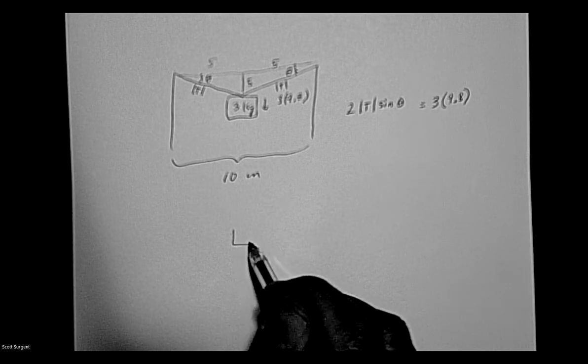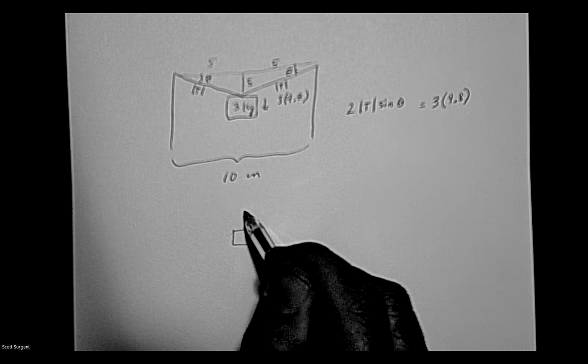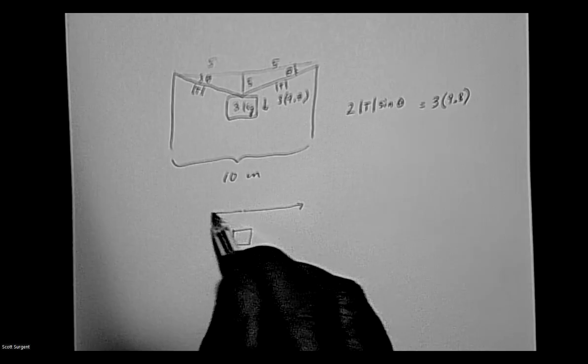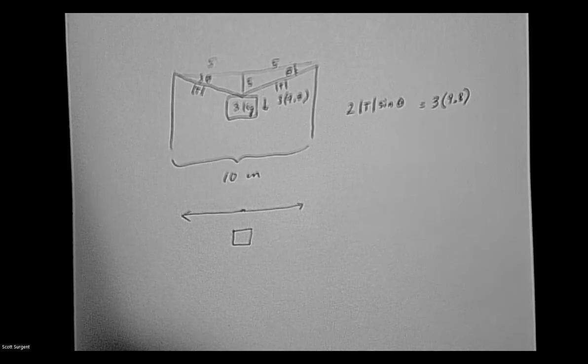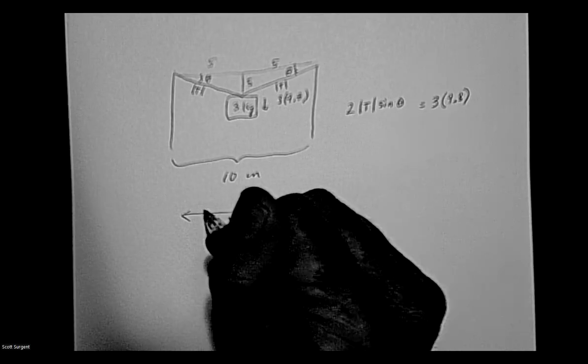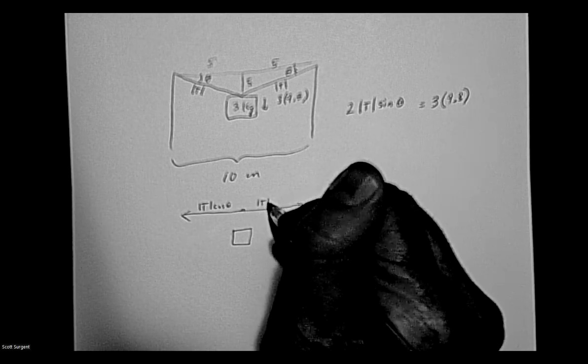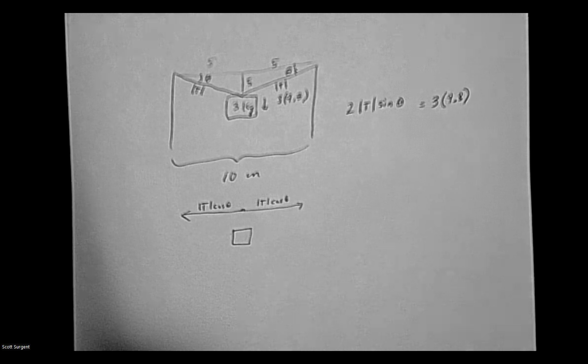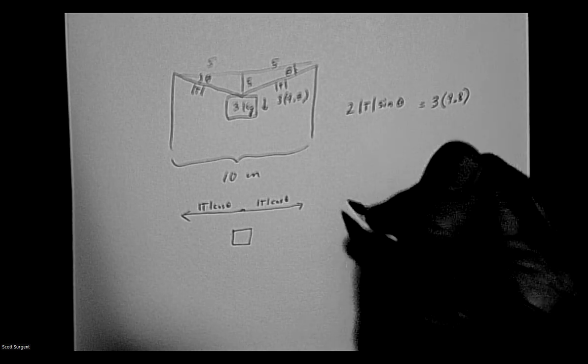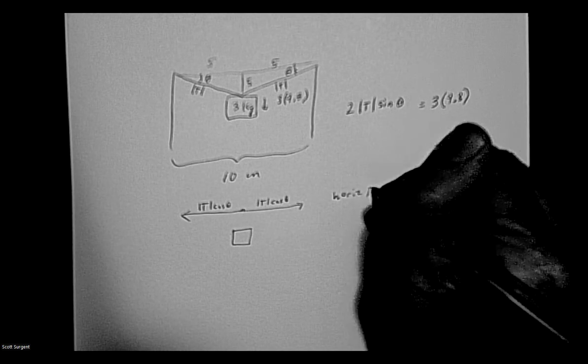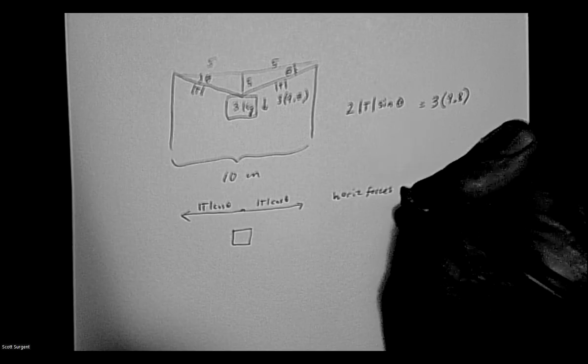Well, the horizontal forces are actually canceling each other out. This is T cos theta, and this is also T cos theta, but they point in opposite directions. So the horizontal forces cancel.